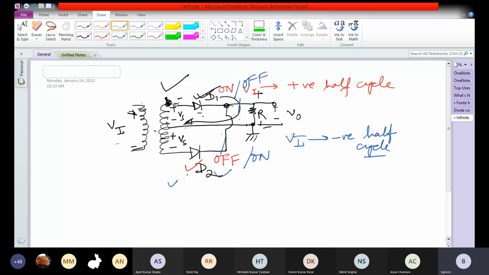And when D2 is on, the current will follow the same path here, like this. So the voltage polarity across R is the same regardless of the polarity of Vs.